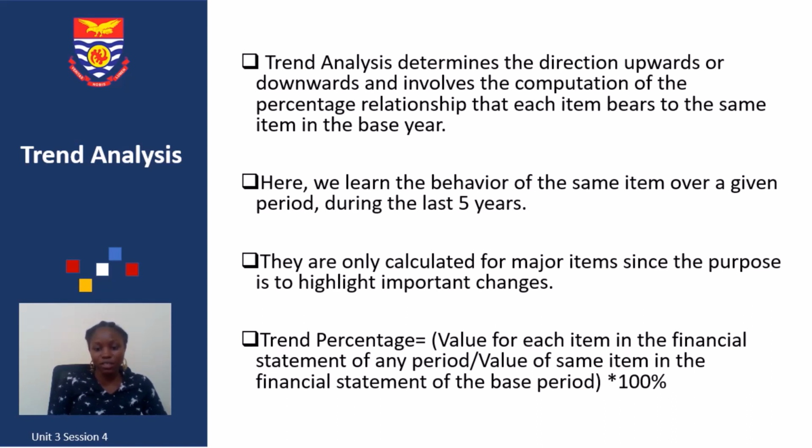Then 2021, and then 2022, each divided by the sales revenue in 2017 times 100. So you have 2017 being the base period, and the value for each item in the financial statement that we are considering would be divided by the base period value for any period of time. Then we multiply by 100.